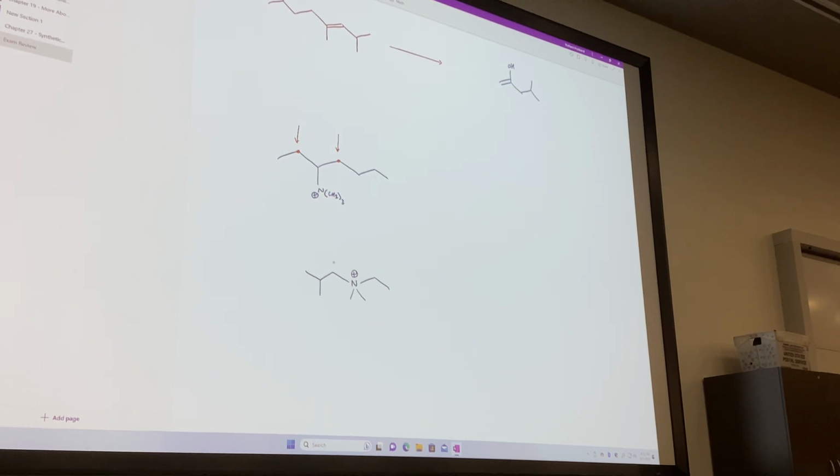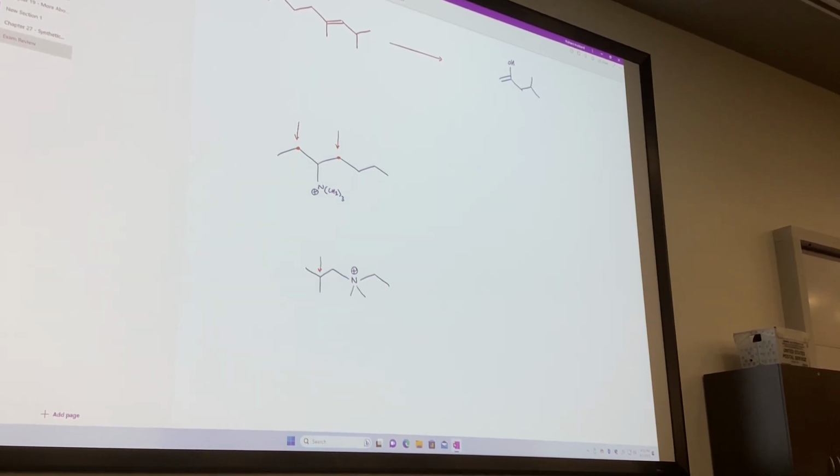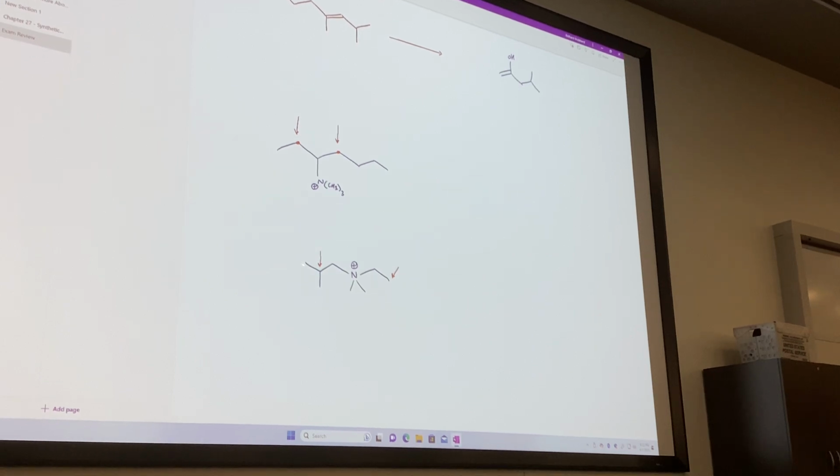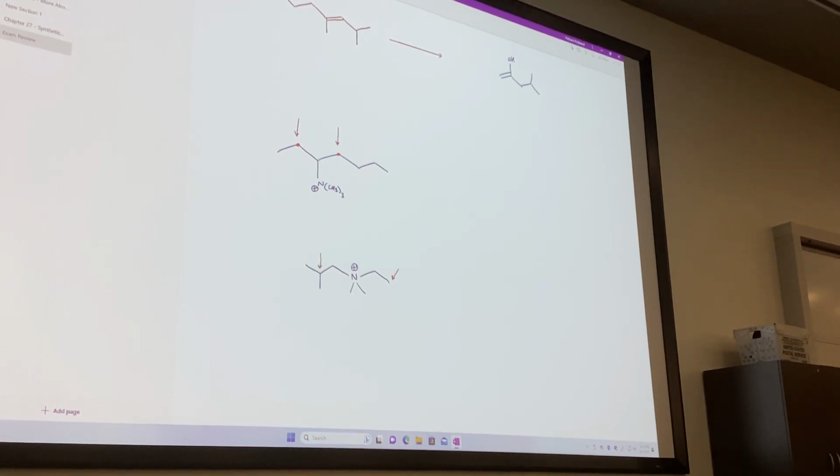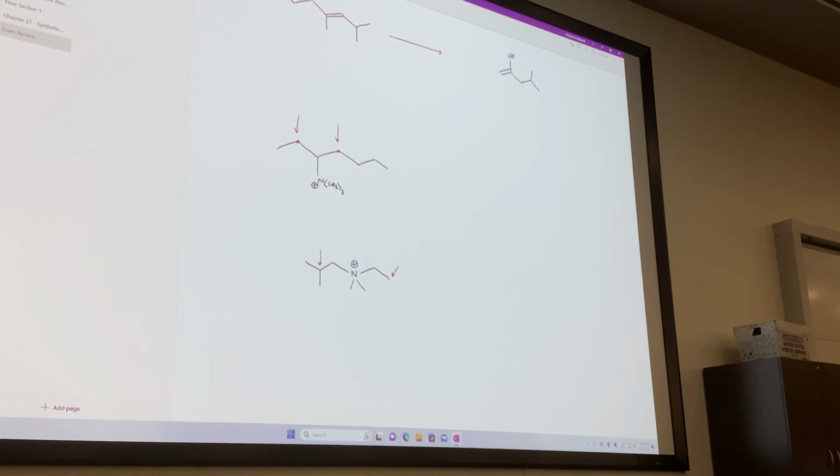What you're comparing is this position and this position for the elimination, right? So we would favor this side because it'd be the least substituted, and that would give us a primary carbanion as opposed to a tertiary partial carbanion there.